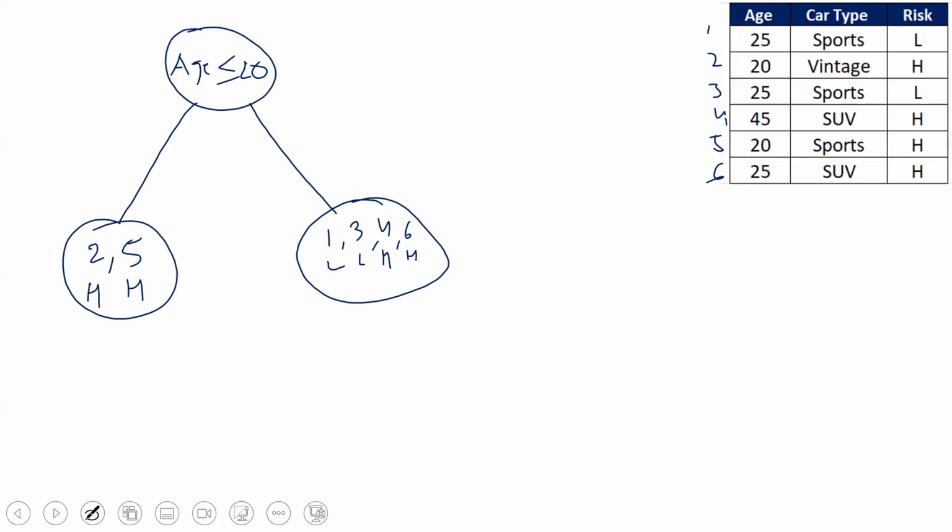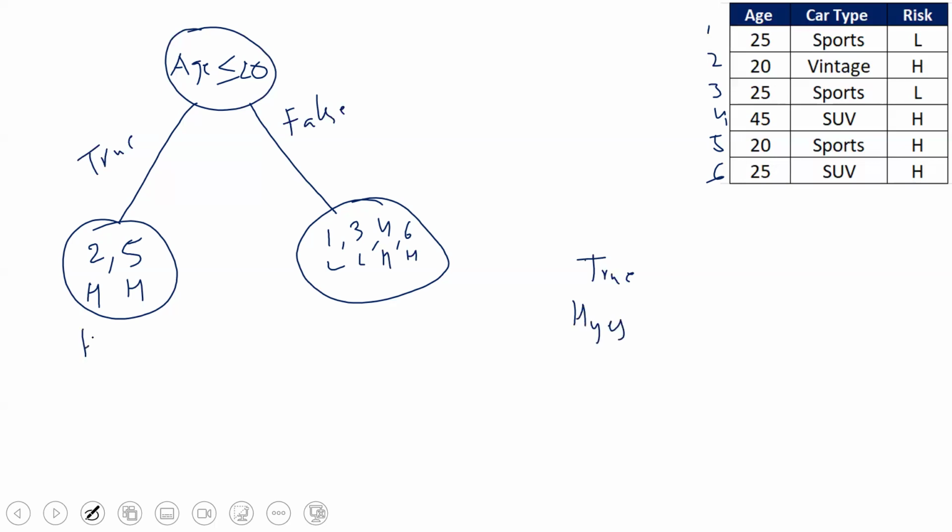Now if I have to calculate the entropy here, this is the true case, or yes case, and this is false. Let's take the true case. What is the entropy of yes, or true?